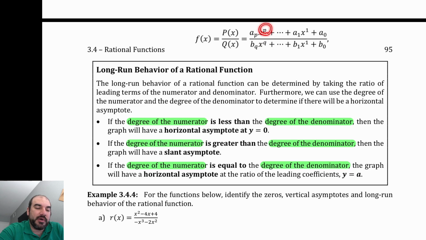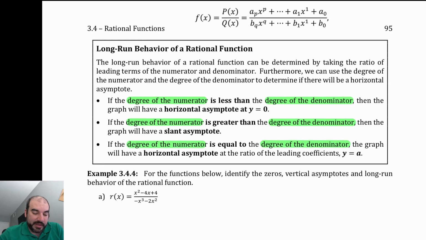So if the numerator's degree is less than the degree of the denominator, then you automatically have a horizontal asymptote at y equals 0, which is what's happening in the example that we saw with 1 over x, because the numerator has a degree of 0 and the denominator has a degree of 1.